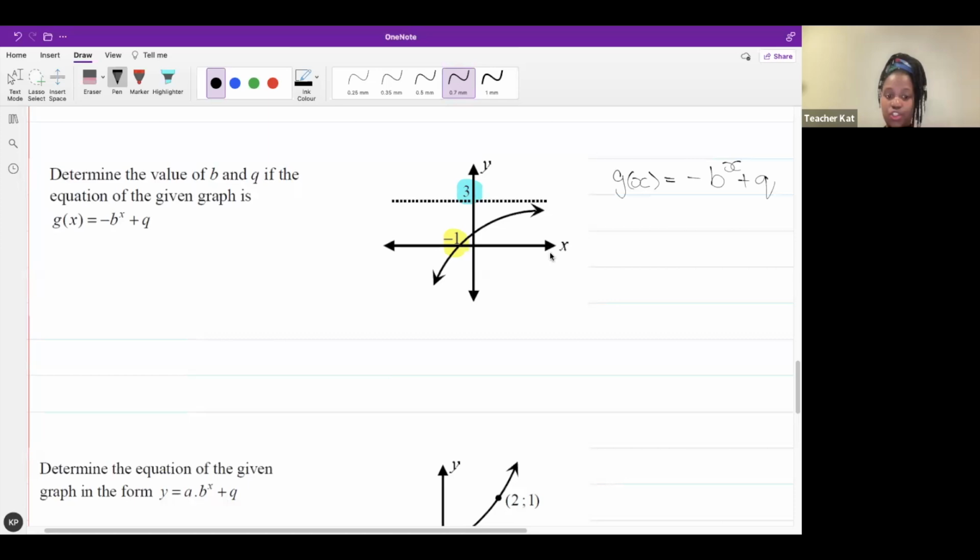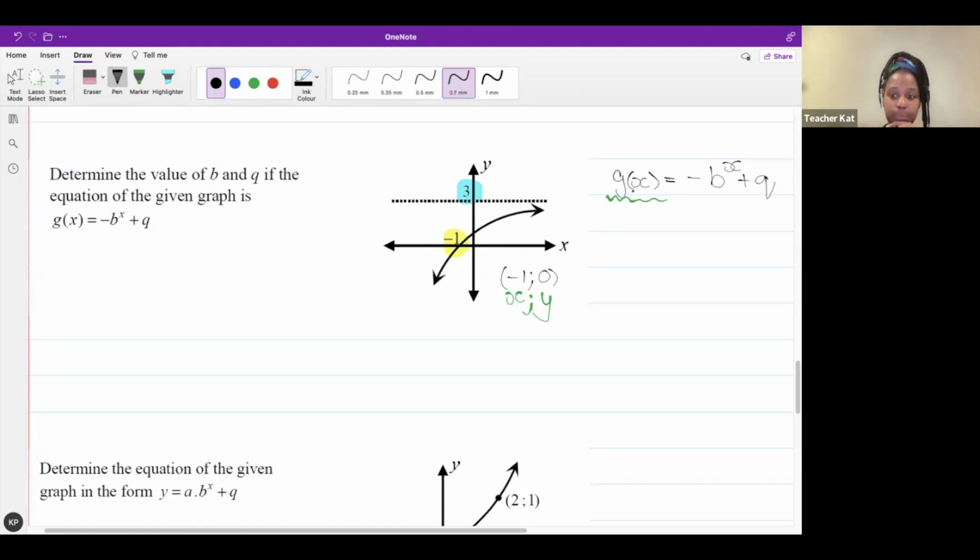g of x and -1. But what is the point for g of x? What are the full coordinates of this? Nice. So this point is (-1, 0). And remember, coordinates are an x and a y. And y, we said, is the same as g of x or f of x.